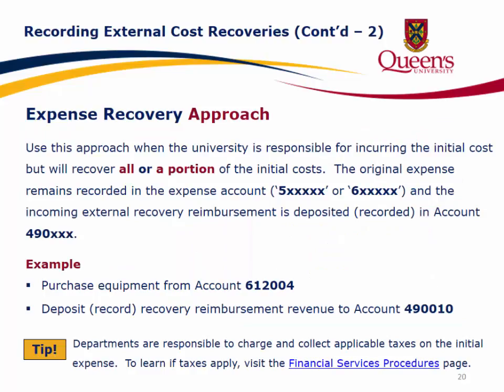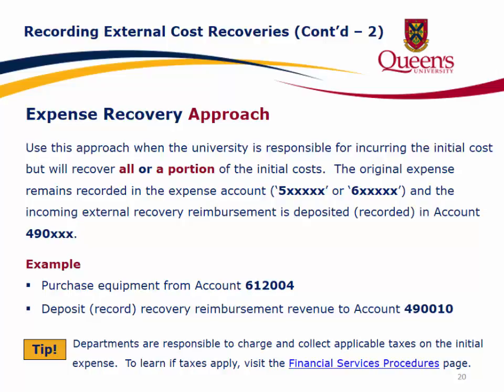There are 2 methods of recording external cost recoveries. The first method is the expense recovery approach. Use this approach when the university is responsible for incurring the initial cost but will recover all or a portion of the initial cost. The original expense remains recorded in the expense account that begins with a 5 or a 6, and the incoming external recovery reimbursement is deposited or recorded in the account that begins with 490.